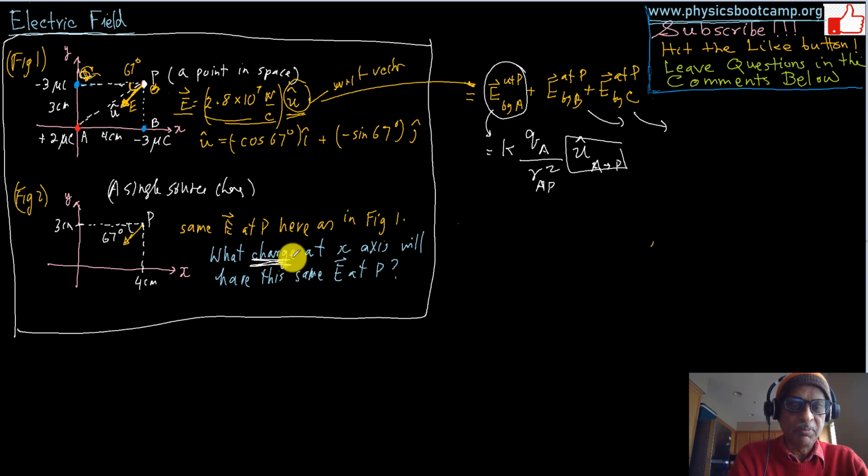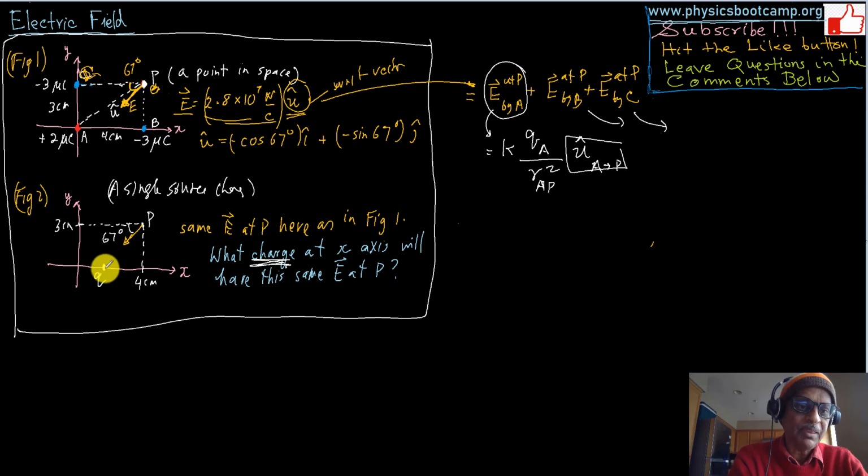What single source charge placed on the x-axis will have the same electric field? Because the electric field is pointed this way, maybe you should place the charge over here, from the way the direction works.